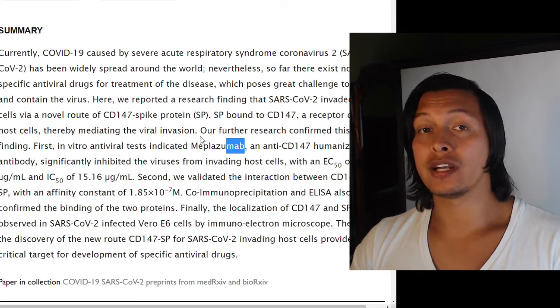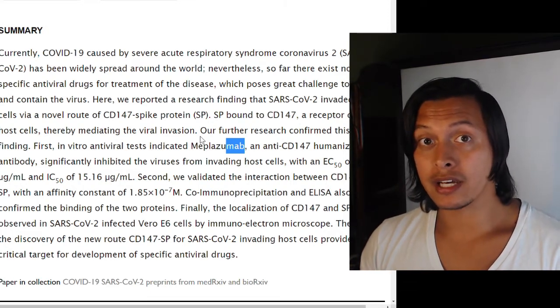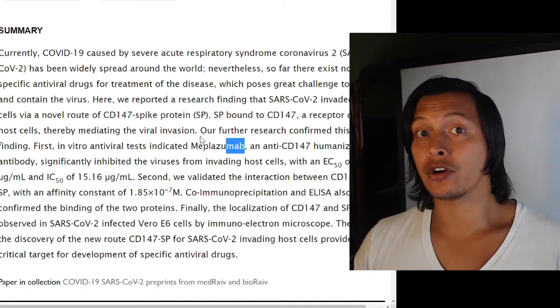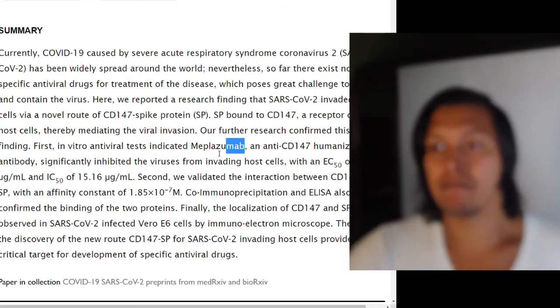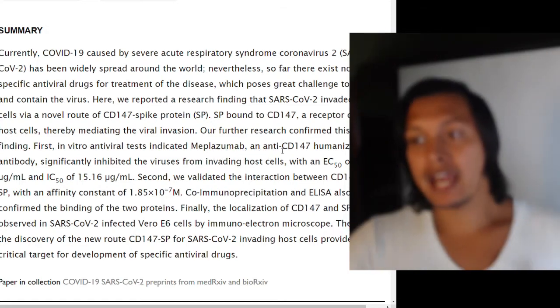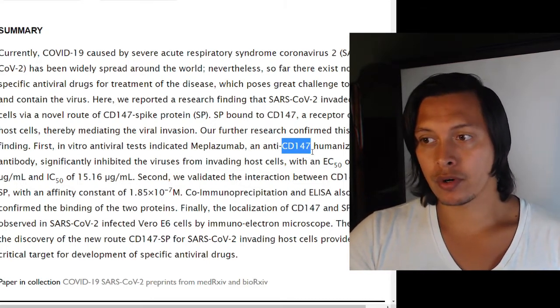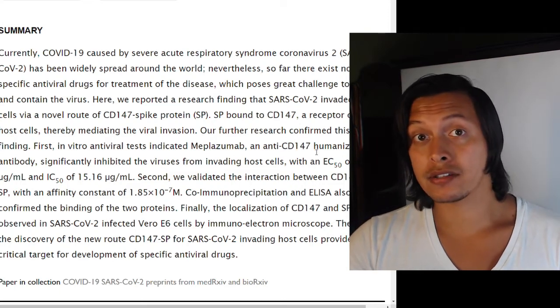And so the nice thing about antibodies is they can be stable, you can concentrate them, you can inject them into people, and they will function like many other types of pharmaceuticals. And this meplazumab is anti-CD147, so it will bind to CD147 and inhibit its effects, whatever those effects are.